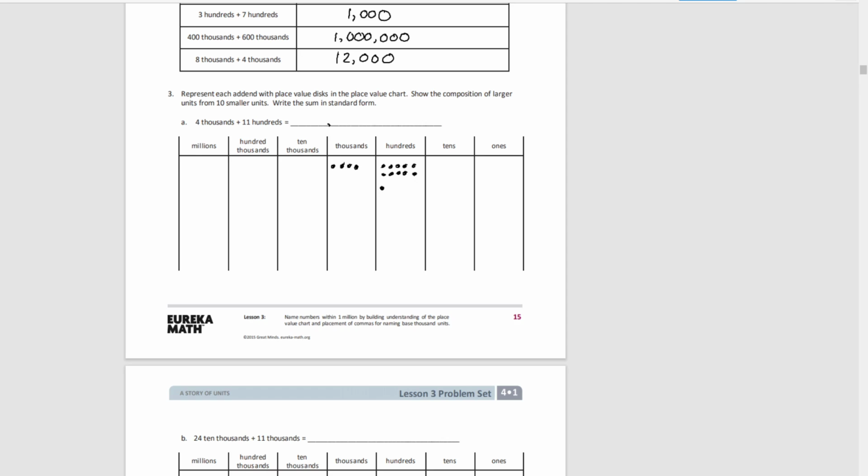Then we see we have 10 hundreds here, so we can exchange them for 1,000. So now we have 5,000 and we have 100. So our sum in standard form would be 5,100.